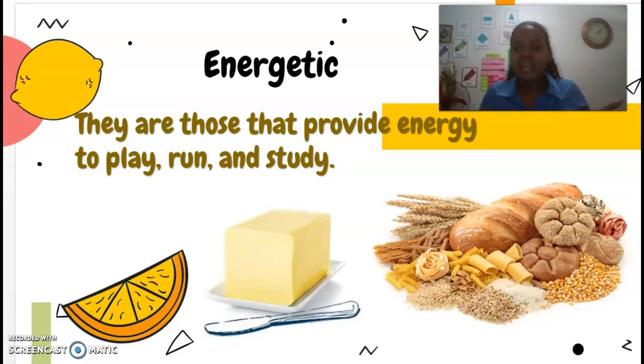So they are, for example, butter, bread, rice, and the aliments or food that provide carbohydrates to our body. They are the ones in charge of providing the necessary energy to each one of our body parts. So that's why we can dance, we can jump, and we can run because of the carbohydrates.